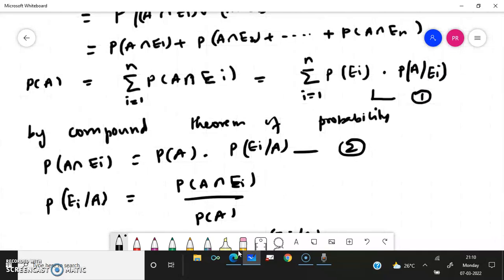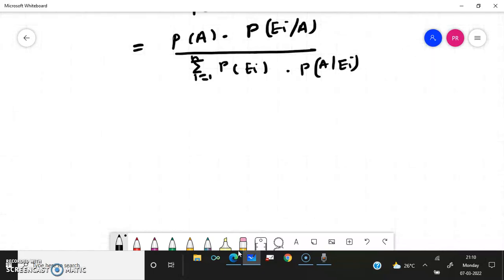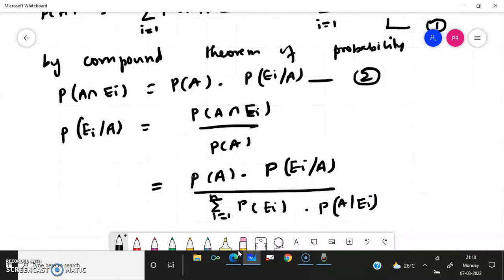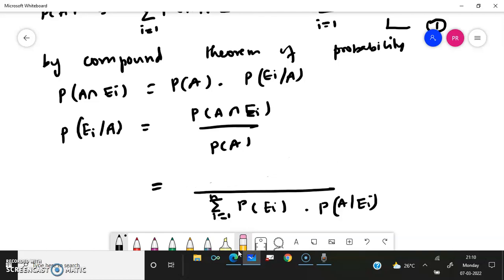Another way of writing it is P of Ei into P of A given Ei, and I'm using this part.